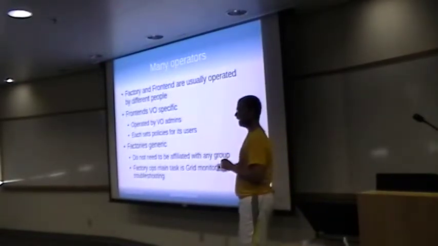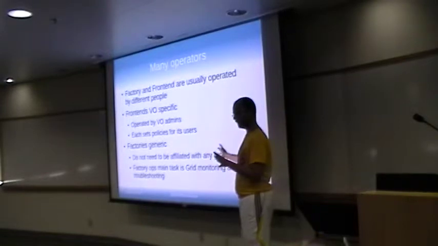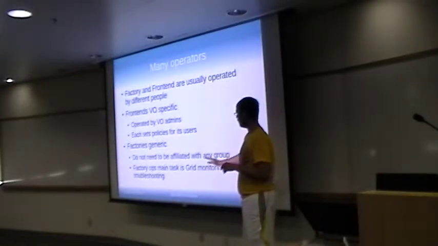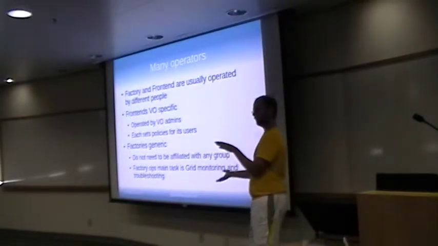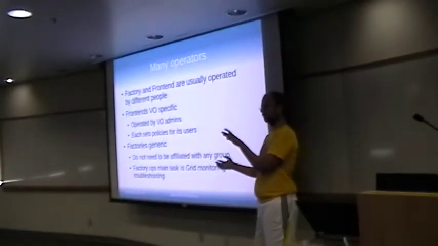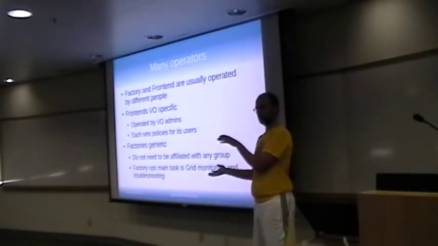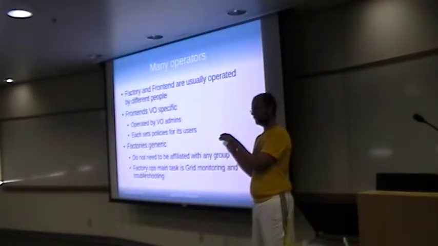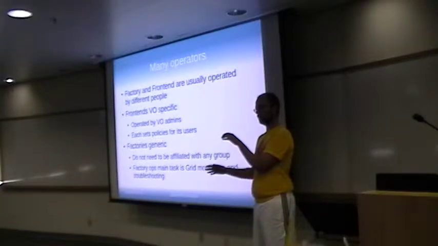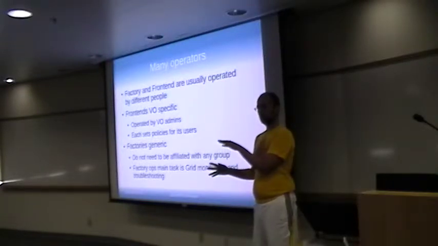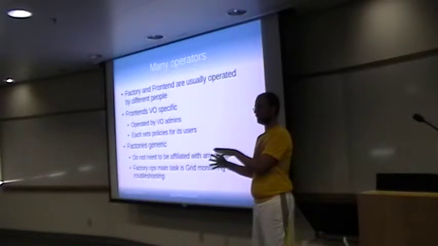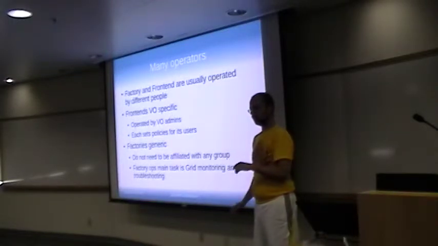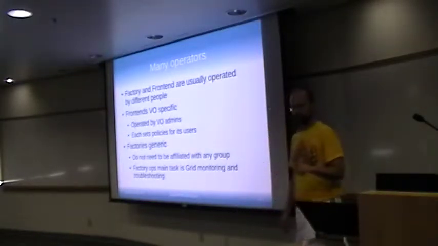While the factory is generic, it's not affiliated with any group. And its main operation task is really grid monitoring and troubleshooting. Yes, we will discover which sites are available, but that's a sort of trivial part. The real operation-heavy part is looking after what's going on in the grid interfaces, troubleshooting any problems and solving them so that the VOs don't have to. And since many VOs go to the same sites, the economy of scale really kicks in and helps a lot.